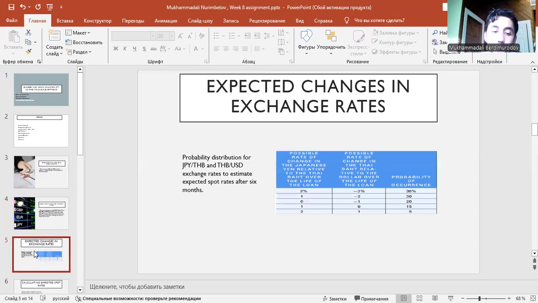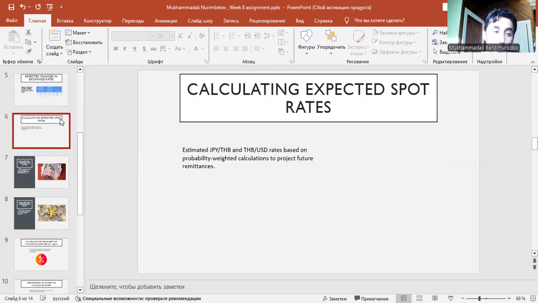Based on the probability distribution, we account for the potential changes in the Japanese yen, Thai baht, and Thai baht to US dollar rates. This allows us to forecast likely outcomes in 6 months, providing the basis for calculating the expected exchange rates when the loan is repaid.